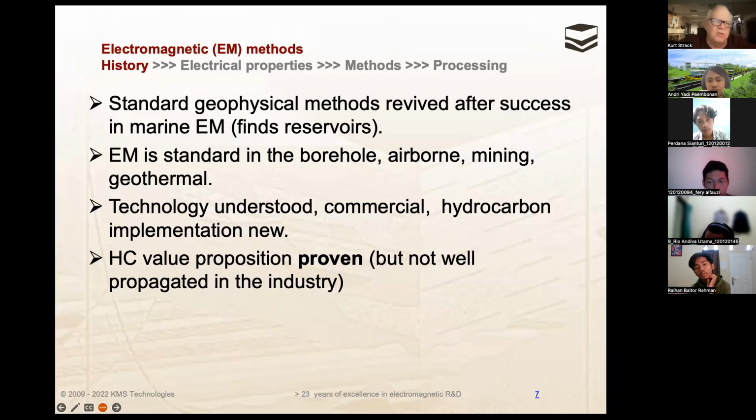They are also used in airborne measurements, mining and geothermal. The technology today is well understood. When I was a student of your age, I was hoping that everything that we were learning and working on would actually work. But today we know it works for all of the applications that I'm showing you. So the value today is proven. It's just that it's still not used as much because not very many people know about it.